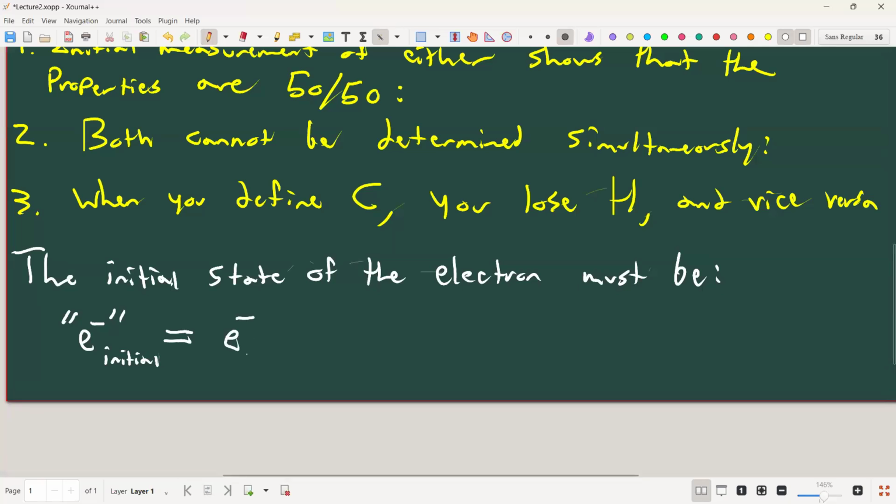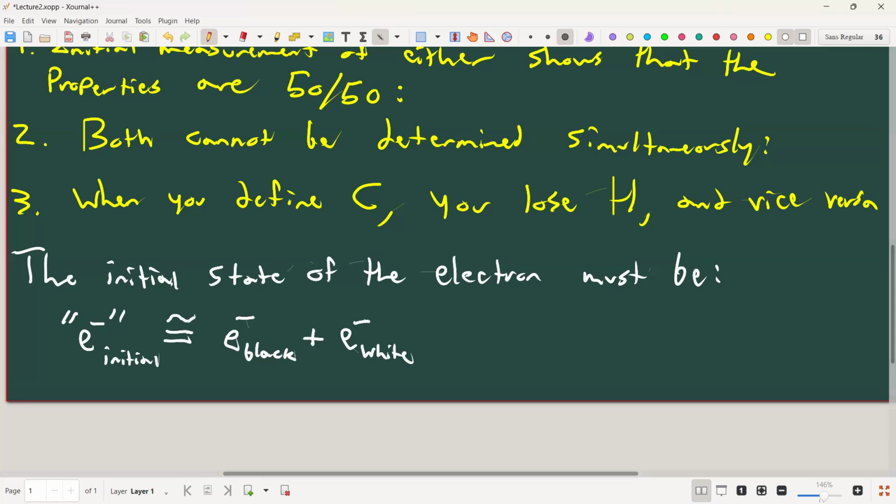So the real original state of the electron looks something like this. I'm going to put it approximately because it's not perfect yet. But the only way for all of this to work, right, and next week's problem set will allow you to explore this, we'll actually work out very, very simple math to talk about it today.